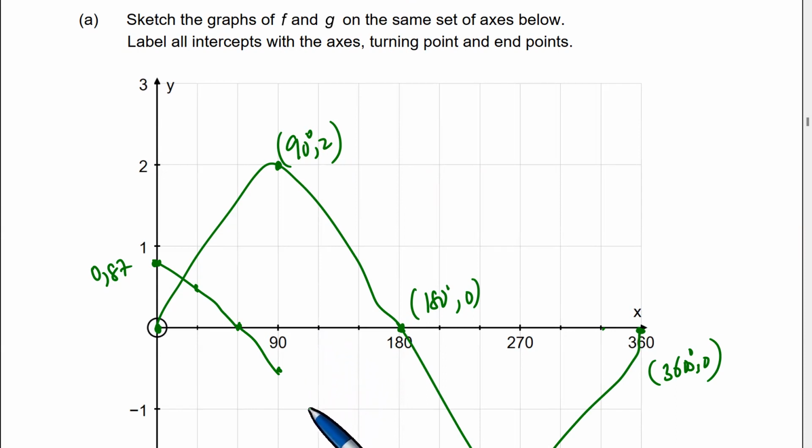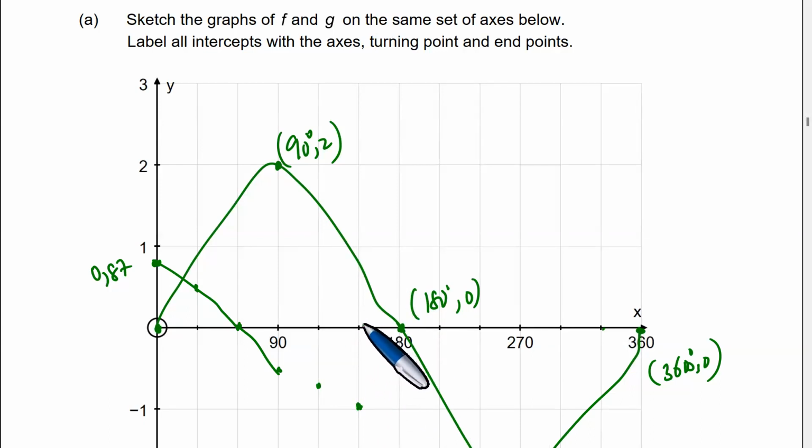At 150, it is still quadrant 2, negative; cosine 150 is the same as 180 minus 30, which is minus cosine 30. So it's going to be negative.